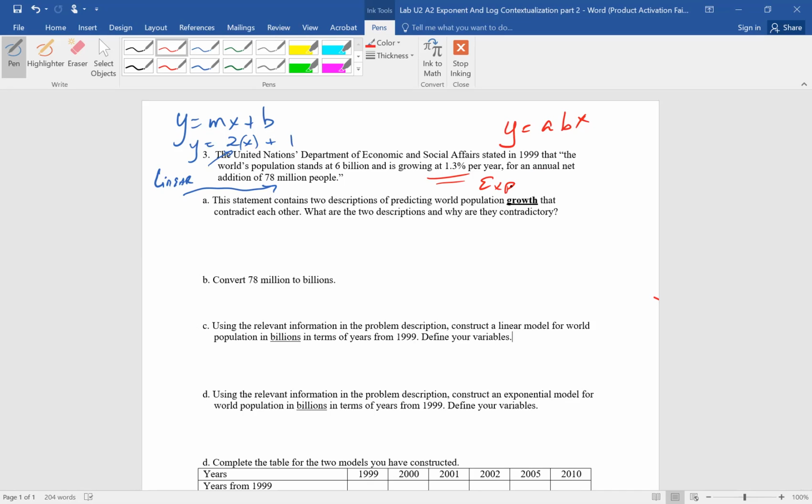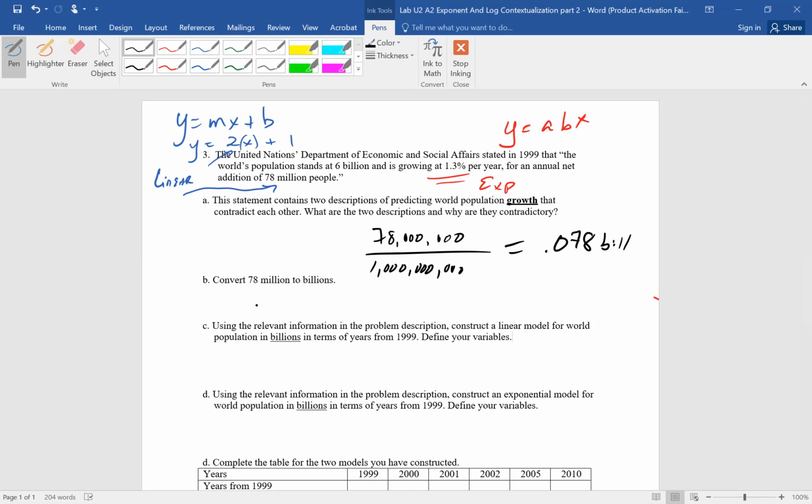Part B is a little different in the sense that it's asking you to convert 78 million to billions. If you want to do that, you can just divide it by 1 billion, and you're going to get 0.078 billion. In other words, 0.078 billion is the same thing as 78 million.